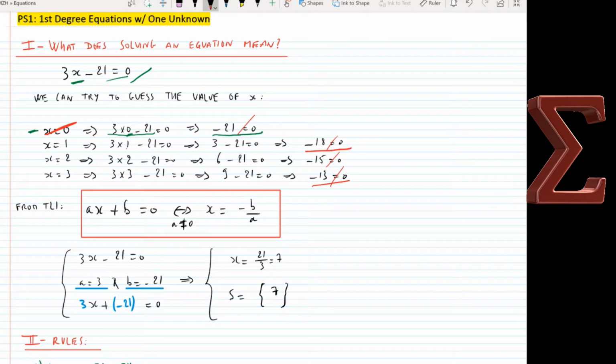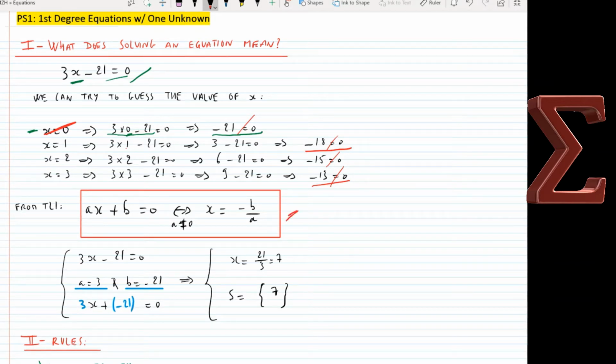We've had a theory lesson on our channel about solving first degree equations with one unknown. The good news is there is a deterministic way to solve equations, and you'll be able to solve them easily and come straight to the right results. Here I'm reminding you of the general case for solving a first degree equation with one unknown.